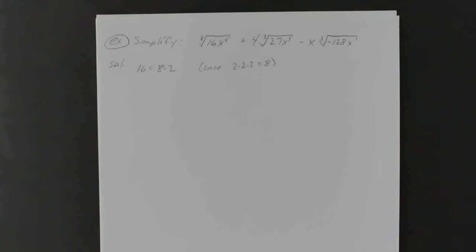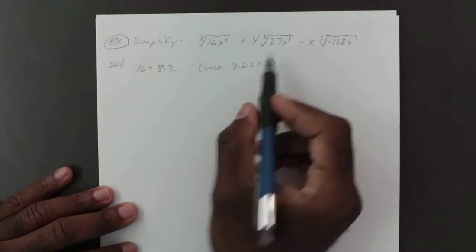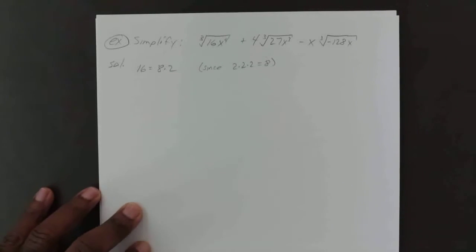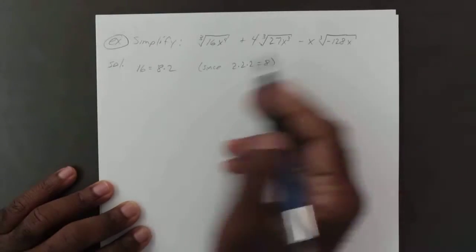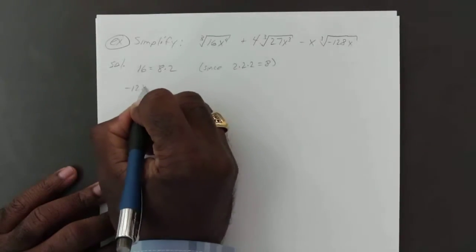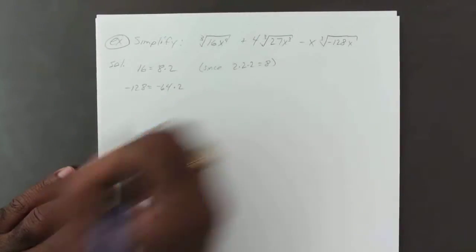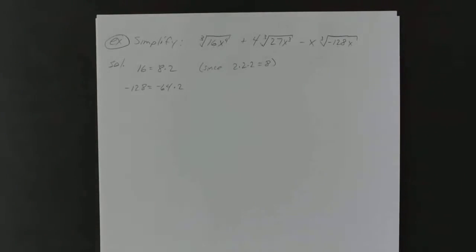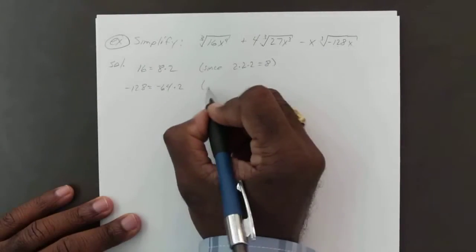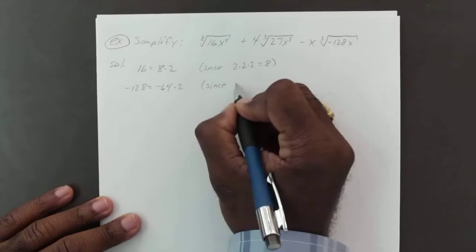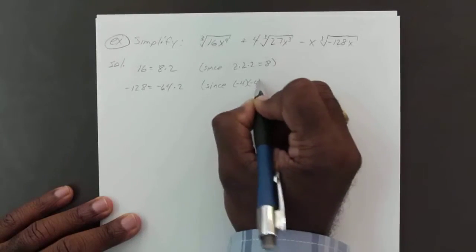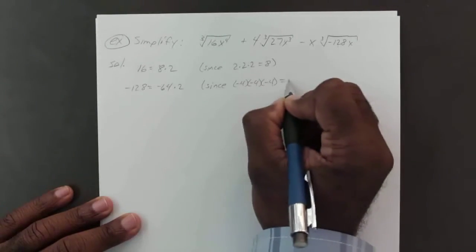So even though 16 isn't a perfect cube, 8 is. And 27, you can actually leave it because 3 times 3 times 3 is 27, so it's already a perfect cube, so you can leave that one alone. And negative 128 is actually negative 64 times 2. We pick negative 64 since negative 4 times negative 4 times negative 4 equals negative 64.